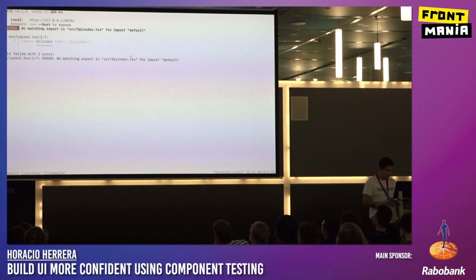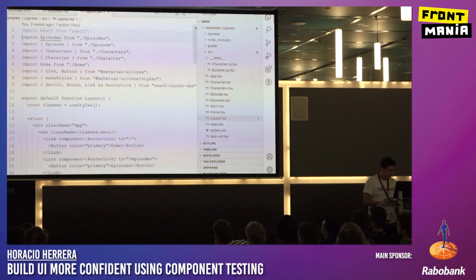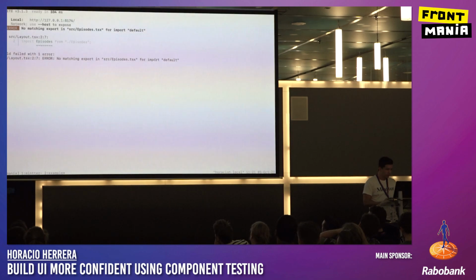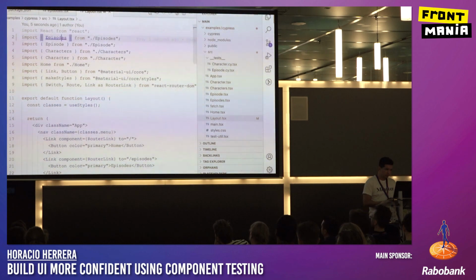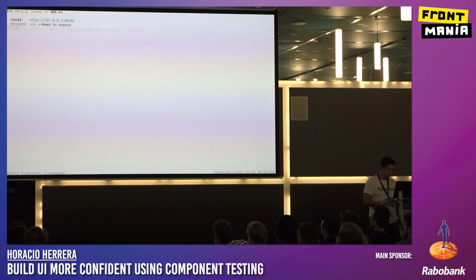No, it's not here. Where is it? Oh, layout. So here, I believe is this. Yes, it's here. So let me run again. Actually, I ran the test, but I didn't run the application. Now it is. Okay, good.